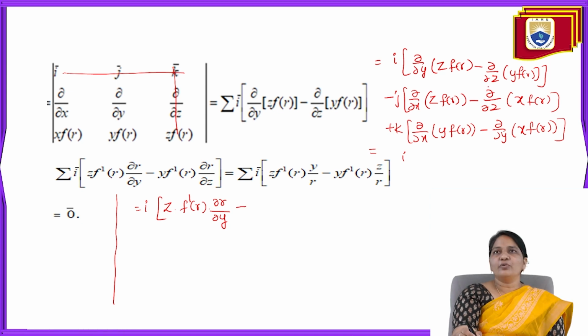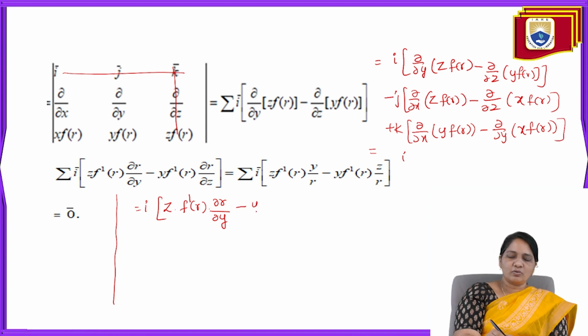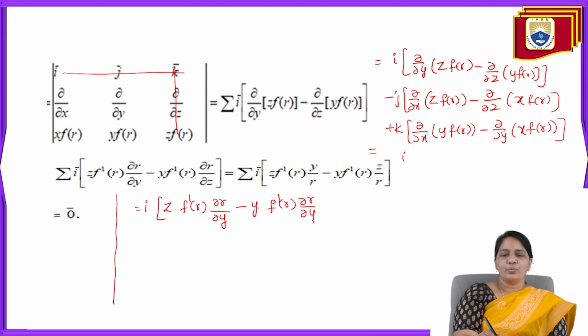Minus, now we are differentiating with respect to z, so y is the constant. Now f(r) becomes f'(r), next ∂r/∂z. Here we are differentiating with respect to z, right? So ∂r/∂z. This is about the first term.